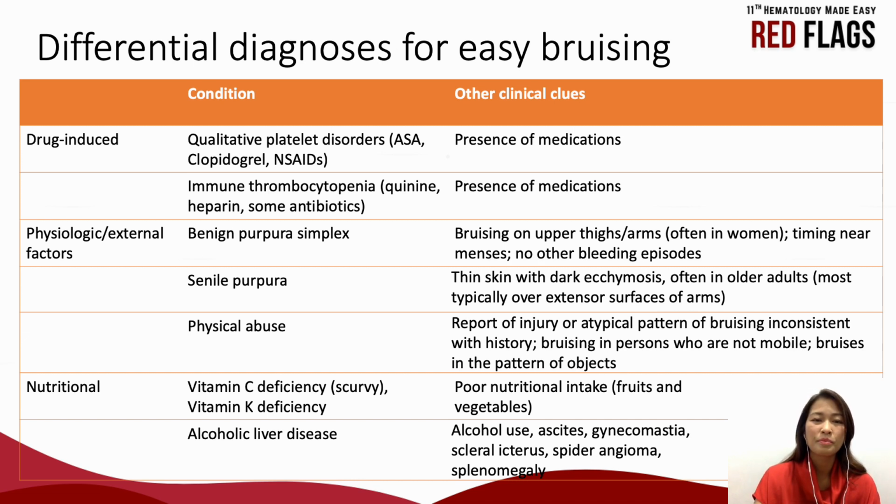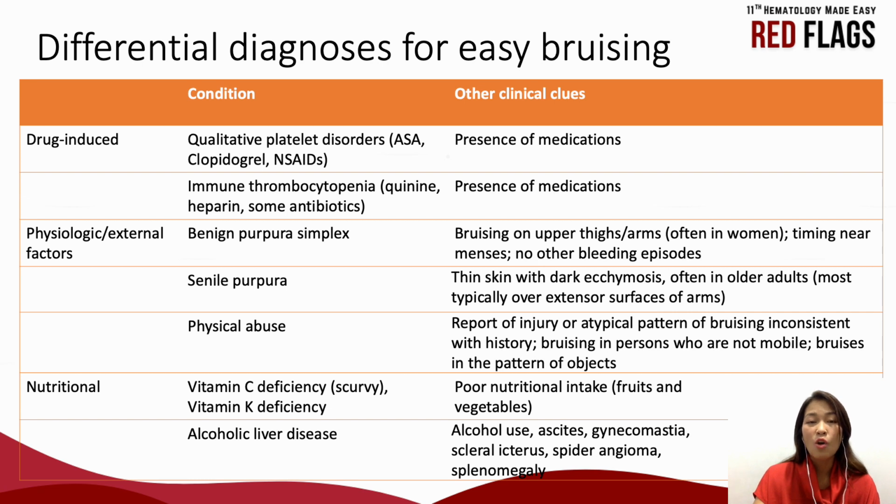Senile purpura, also called actinic purpura or solar purpura, is a disorder of connective tissue presenting with dark ecchymosis on extensor surfaces of forearms, usually seen among elderly persons. This is considered to occur because of chronic sun exposure. Physical abuse should be considered if the pattern of bruising is atypical, not consistent with the history, or the bruises appear in the pattern of objects.